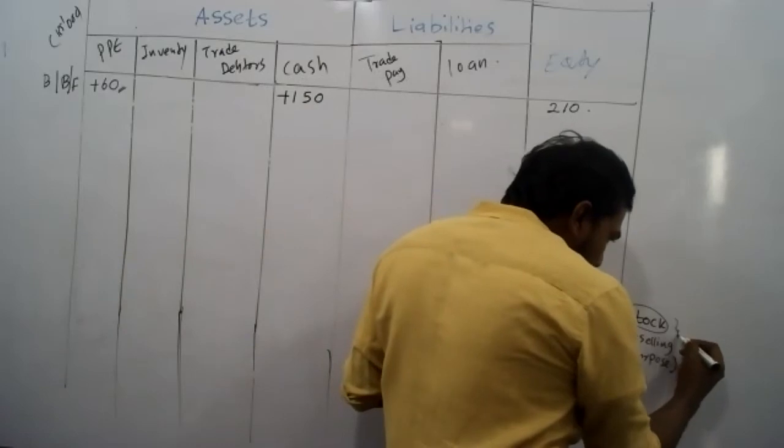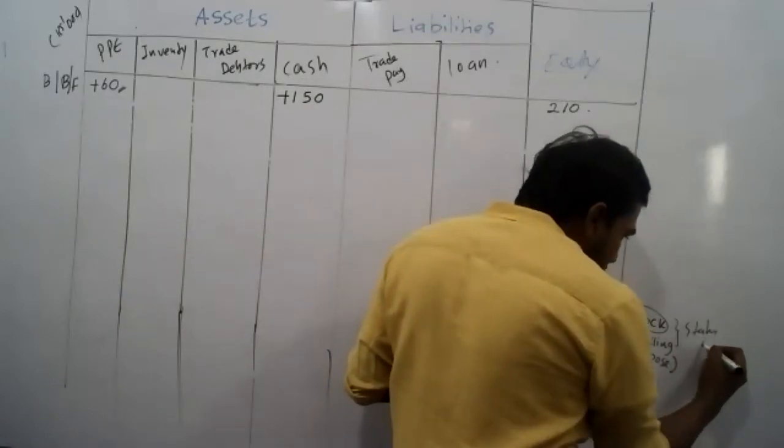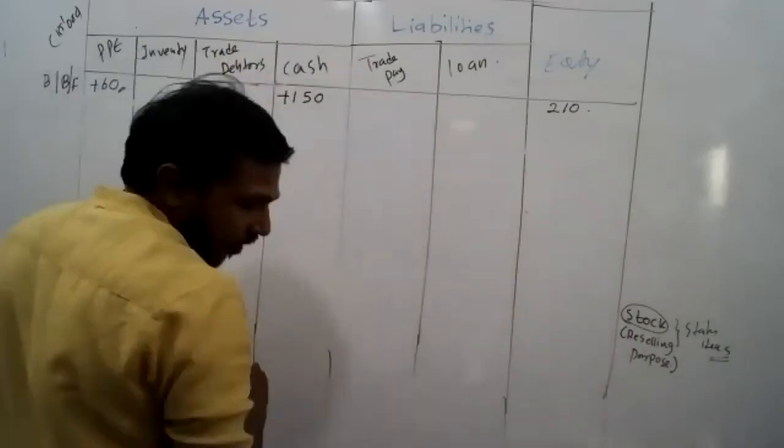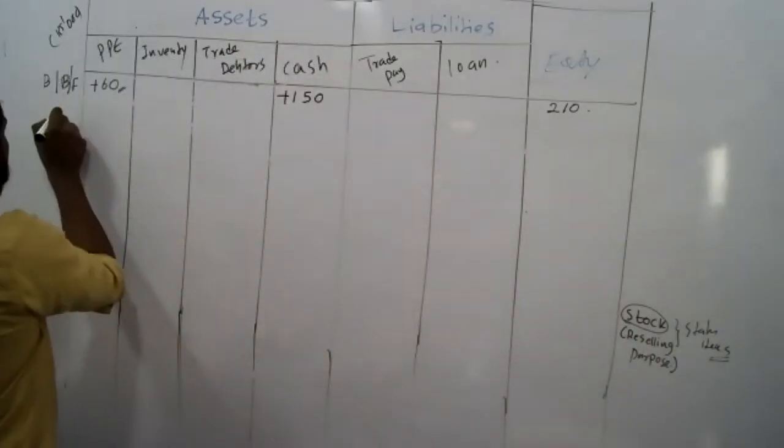What they purchase for the stationery shop is stationery items. That means stationery items are the inventory here. Now, first one, what does it say?